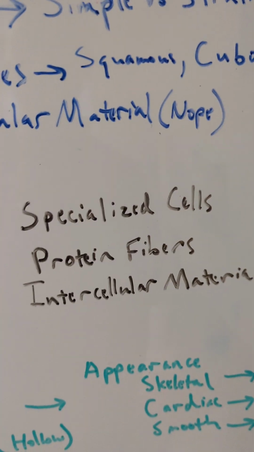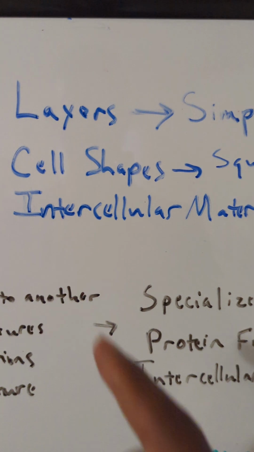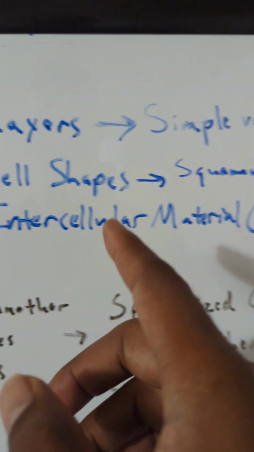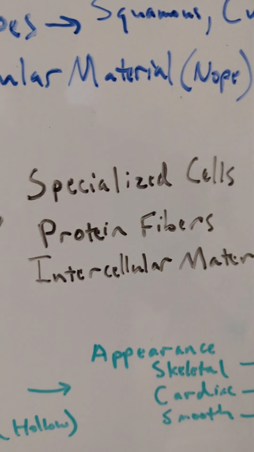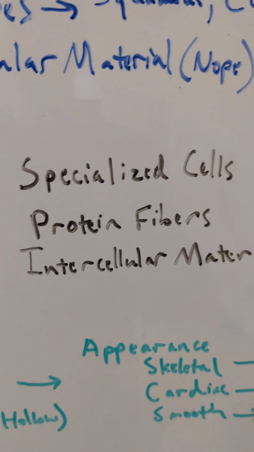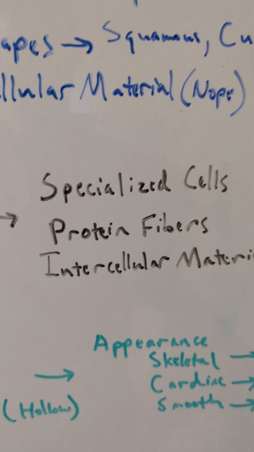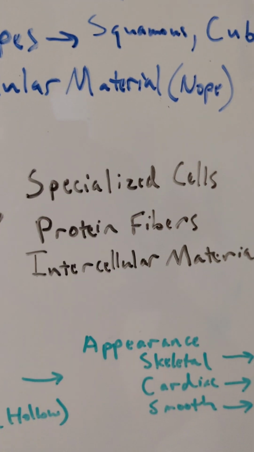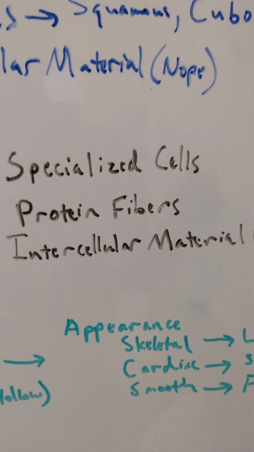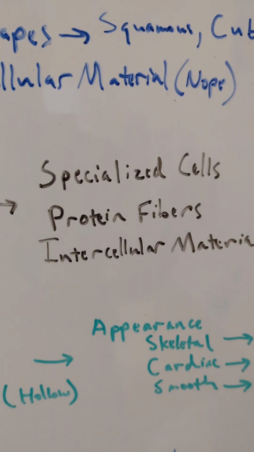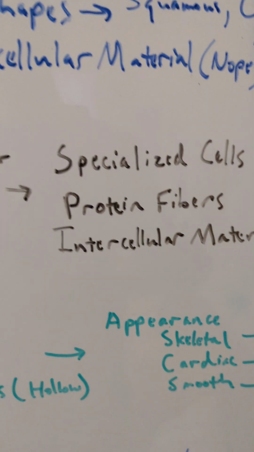So, when you're talking about connective tissue, its cells are not basic like this. Epithelial cells are real basic. It's shapes and layers. The end. Connective tissue cells are not like that. Connective tissue cells are what we refer to as specialized cells. They have specific jobs, right? So fibroblasts, they build protein fibers. Adipocytes, they store fat within the cells and make adipose tissue, right?